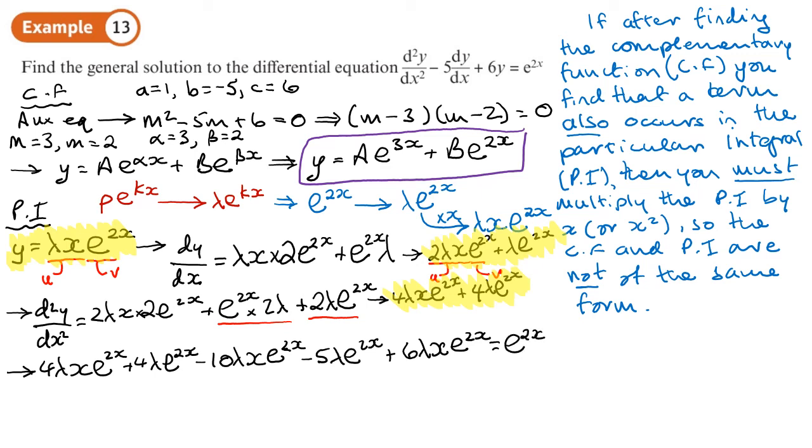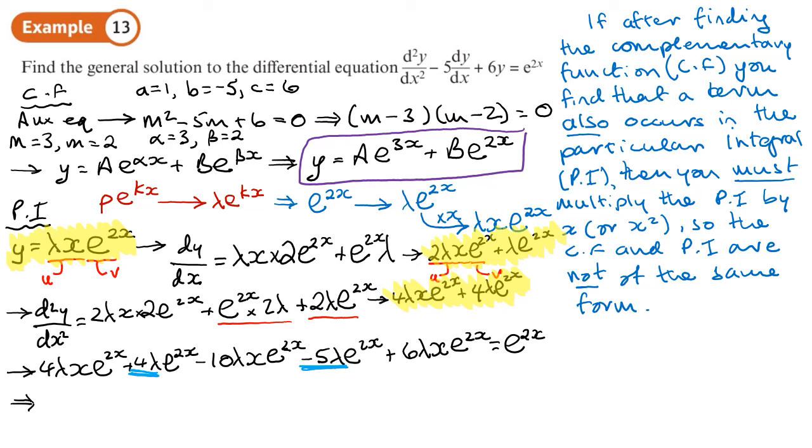Right, okay, let's see if we can solve that then. We've only got one unknown here, lambda. So we can solve by comparing the coefficients of the e to the 2x terms. So there's 4 lambda there, 5 lambda there.